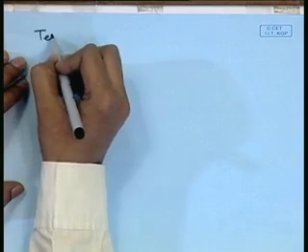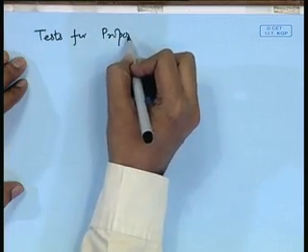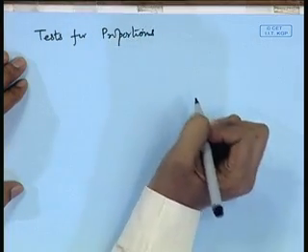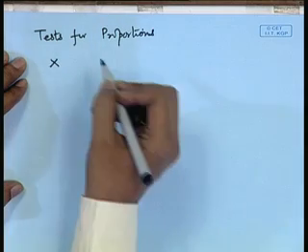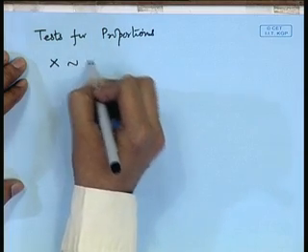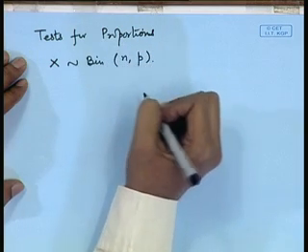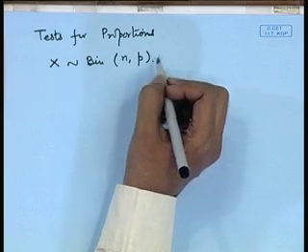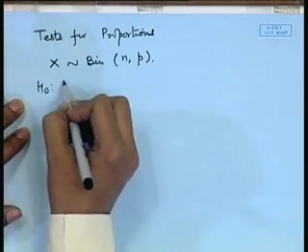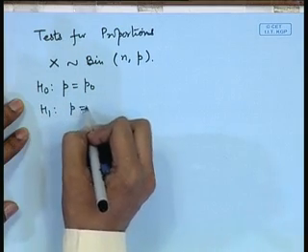Now, in the one sample problems, we may consider tests for proportions. So, the setup is that we are observing a sample from Bernoulli trials. So, we may consider the sum, and we have a setup like X following binomial n, p distribution, and we may be interested in testing H naught: p is equal to p naught against H1: p is not equal to p naught.